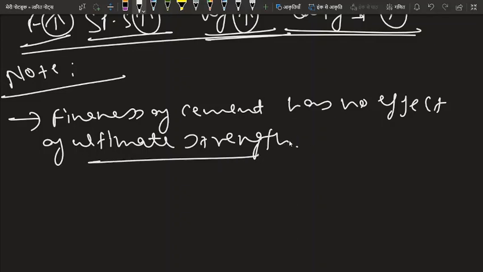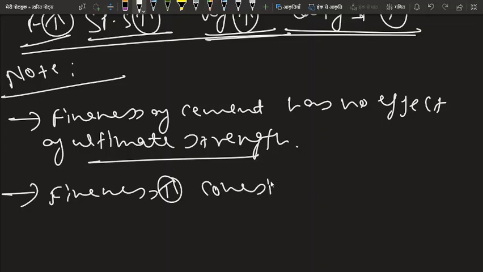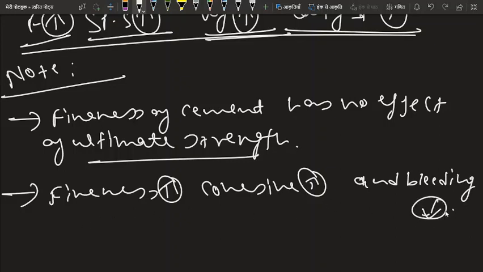If fineness increases, cohesiveness of cement increases and bleeding reduces. What is bleeding?